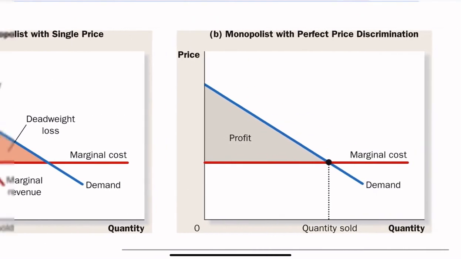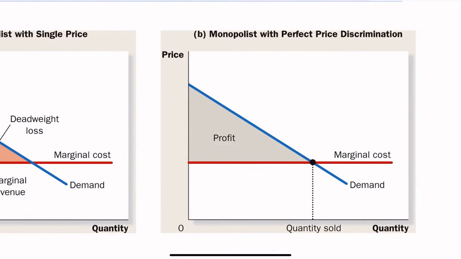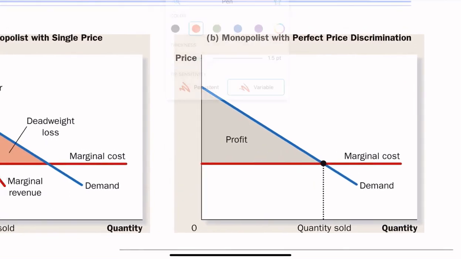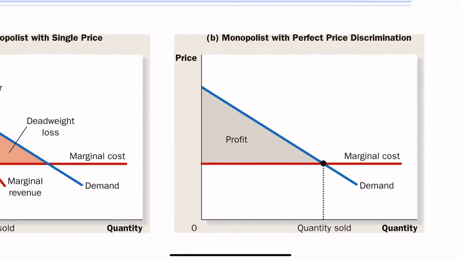Now let's look at a monopolist who can actually perfectly price discriminate. In this case, you can see that the profit is given by this very large triangle. This is very obvious. But what's the implication here on total surplus?